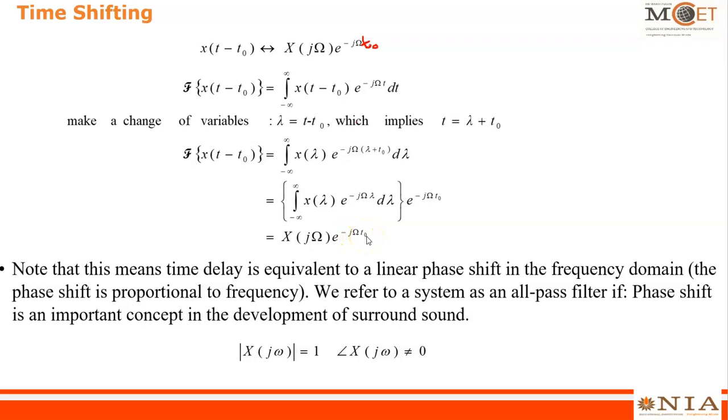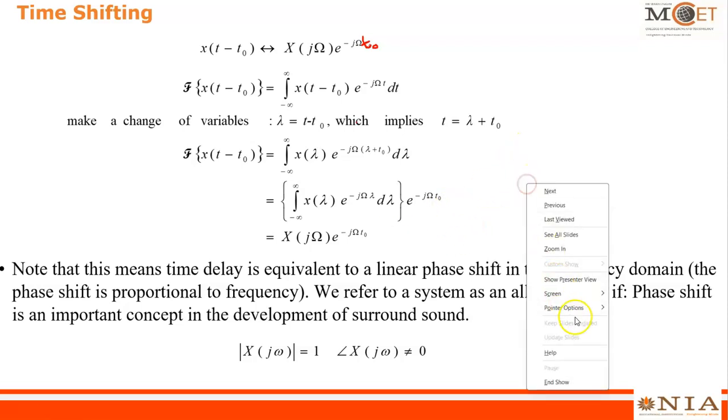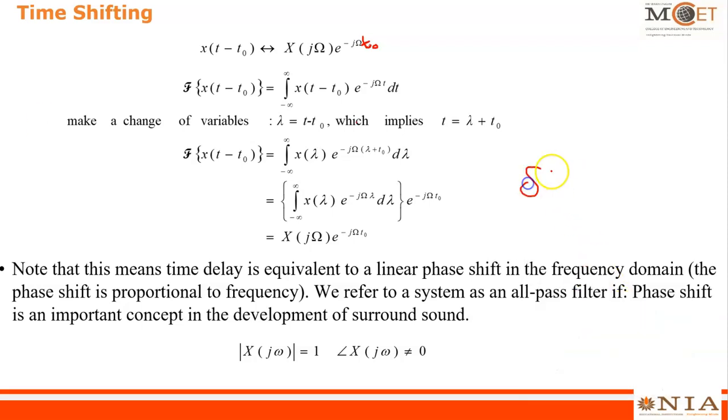So suppose if we have x of t equal to delta of t. We know already what is the Fourier transform of delta of t. For delta of t, Fourier transform is equivalent to 1, right? Suppose it is given that the Fourier transform of delta of t is equal to 1, find the Fourier transform of delta of t minus 5.